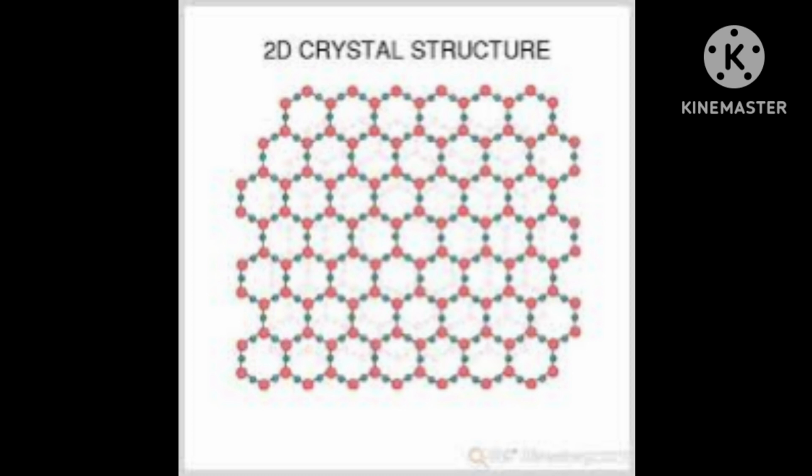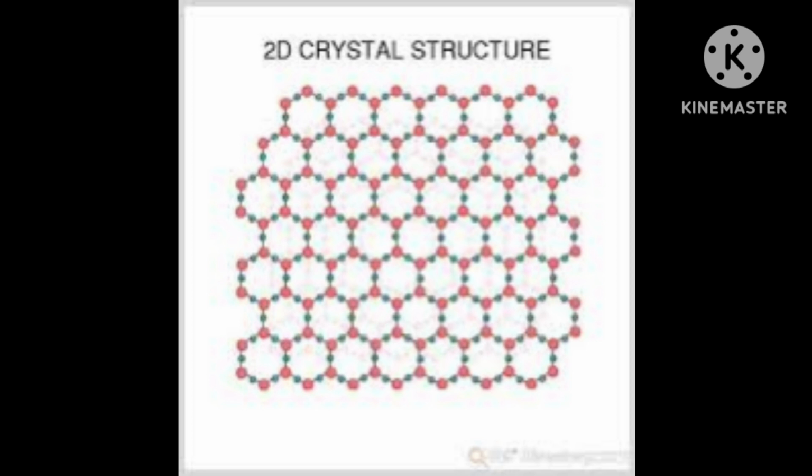What are the examples? Sodium chloride, magnesium oxide, ZnS (zinc sulfide, also called zinc blende), and calcium fluoride. These are examples of ionic solids: NaCl, MgO, ZnS, calcium fluoride.